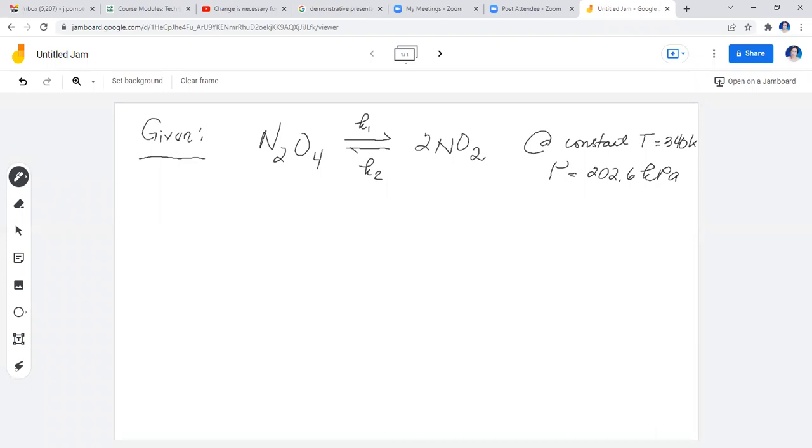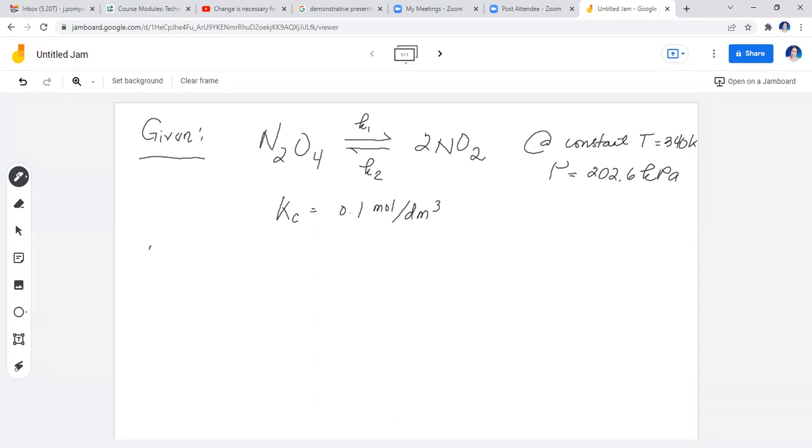Now you're given the equilibrium constant, and it's 0.1 mole per decimeter cube.